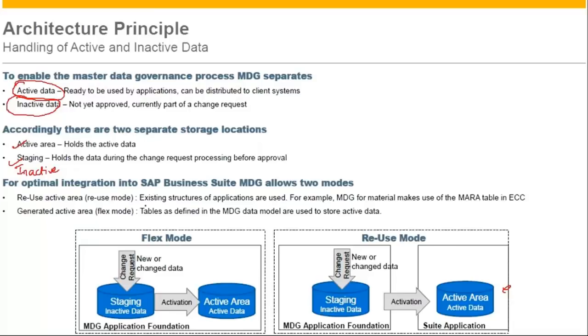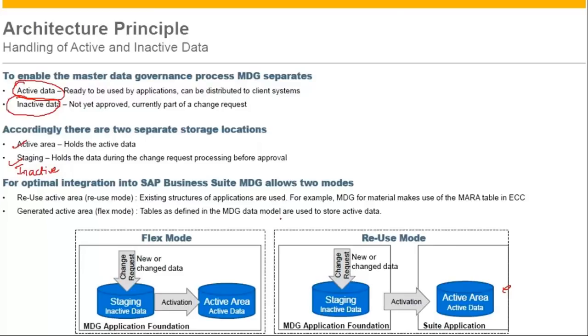For example, MDG for material makes use of the MARA table in ECC to store the approved record, and BUT000 for the business partner record. In flex mode, tables defined in the MDG data model are used to store the active data. That means the generated staging area will itself store the active data.